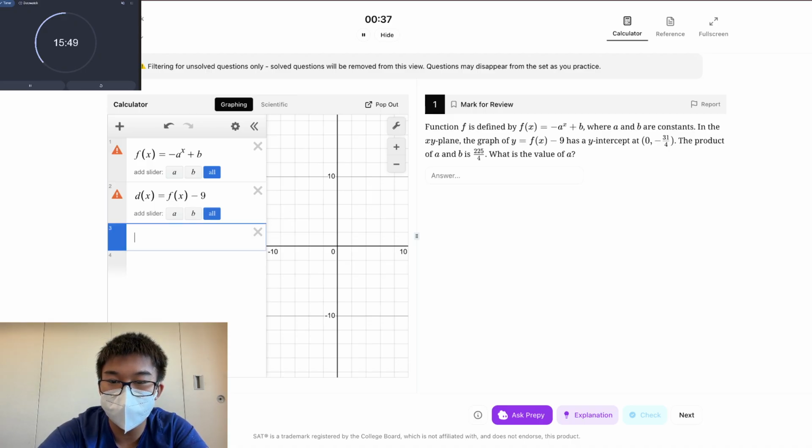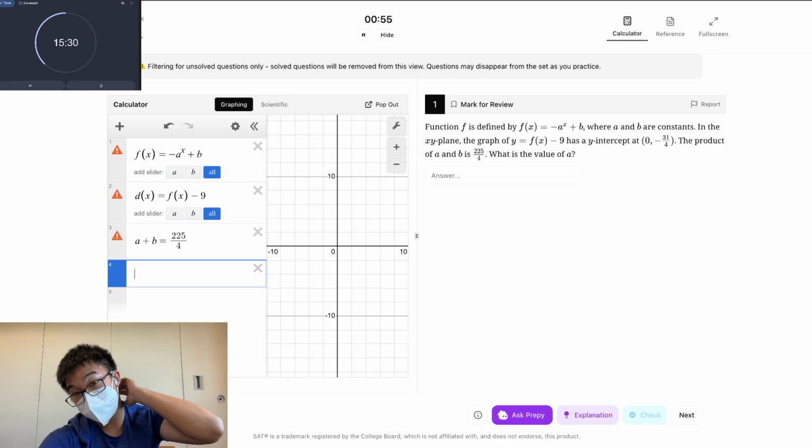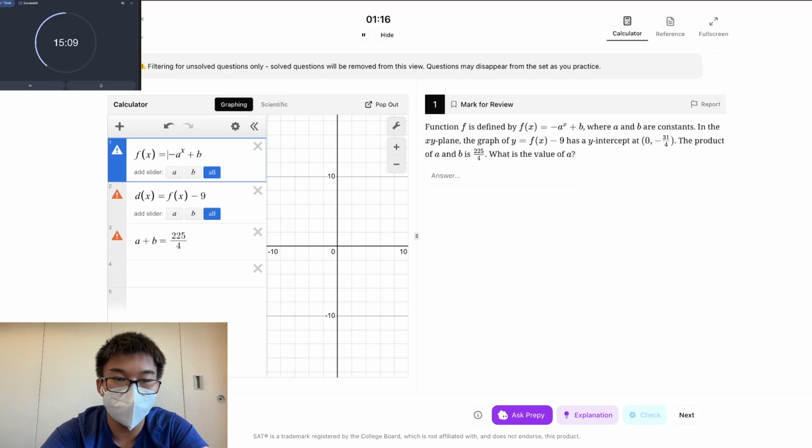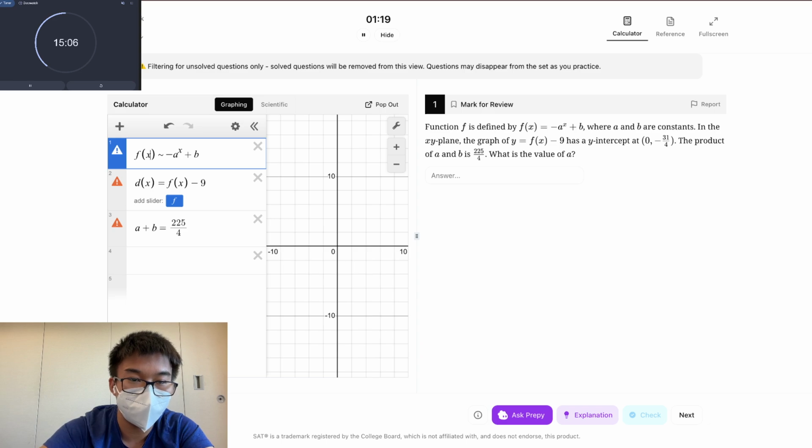And the y-intercept is at... okay, I like to put everything in the calculator first and then solve it. Let's do regression.